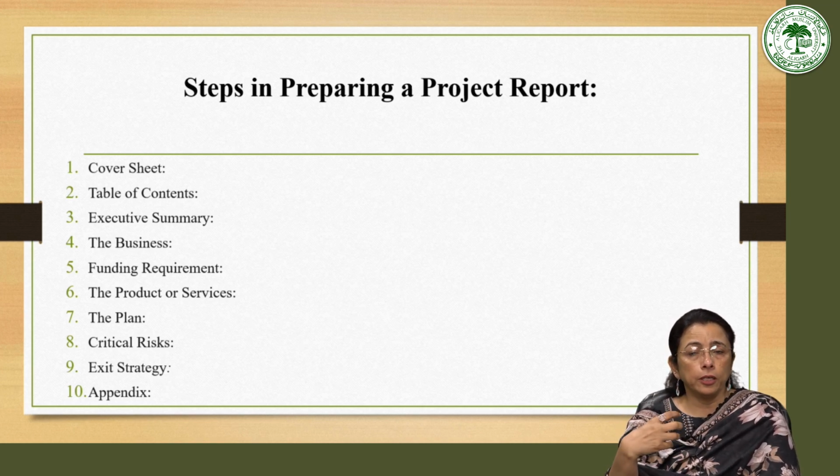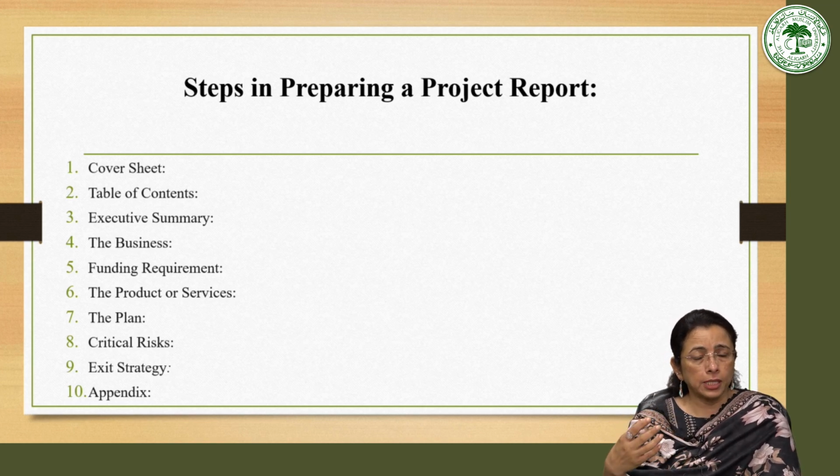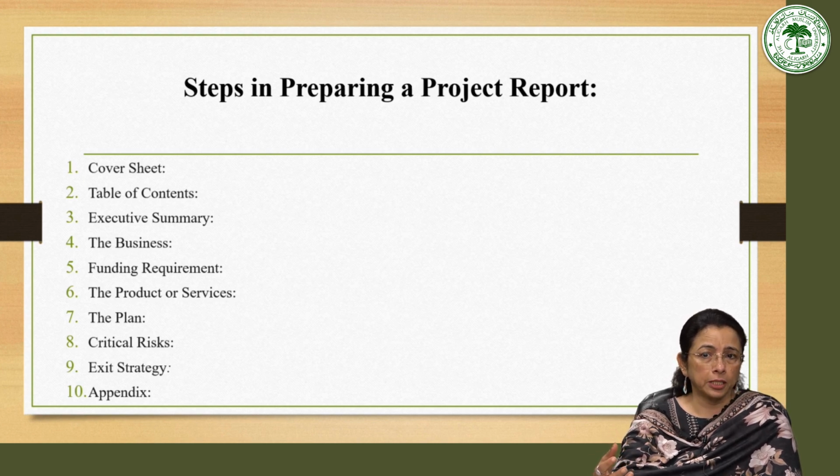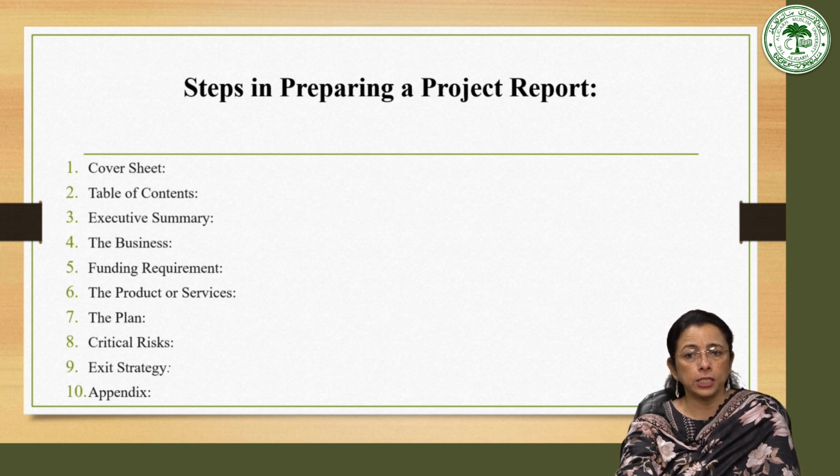After that, we prepare the executive summary, that is the first impression of the business proposal, and as the saying goes, the first impression is the last impression, so we have to be very careful about it in order to attract the evaluators' attention.